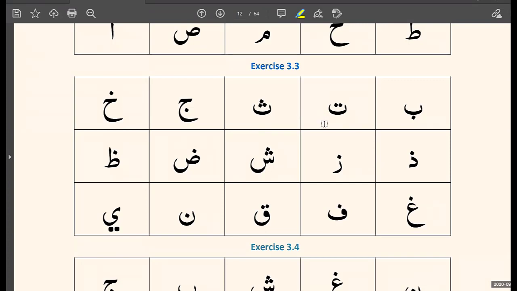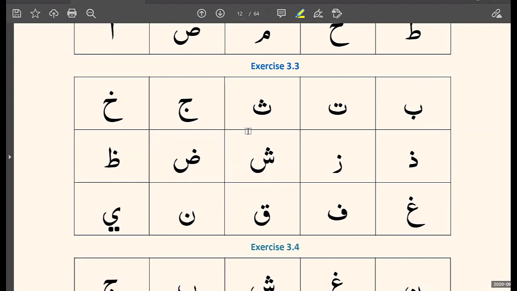Let me know which letter is a thick letter. There is only one. I make it easy for you. There is no fa inside here. In the first line, this is ba, ta, tha. My question is that there is only one letter which will be pronounced permanently thick. Which is that letter?